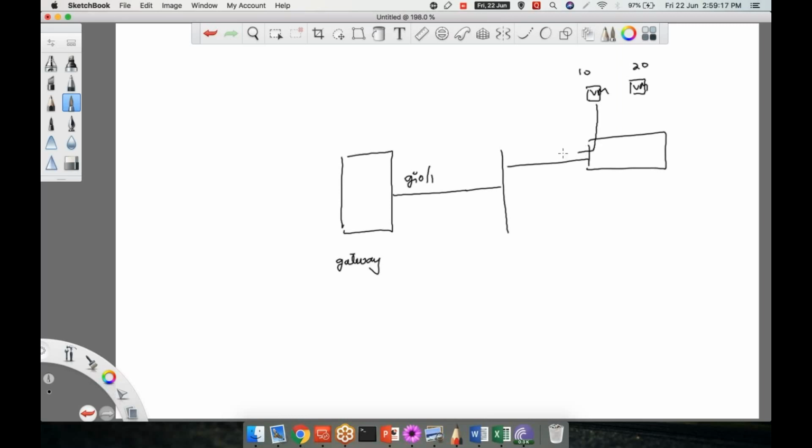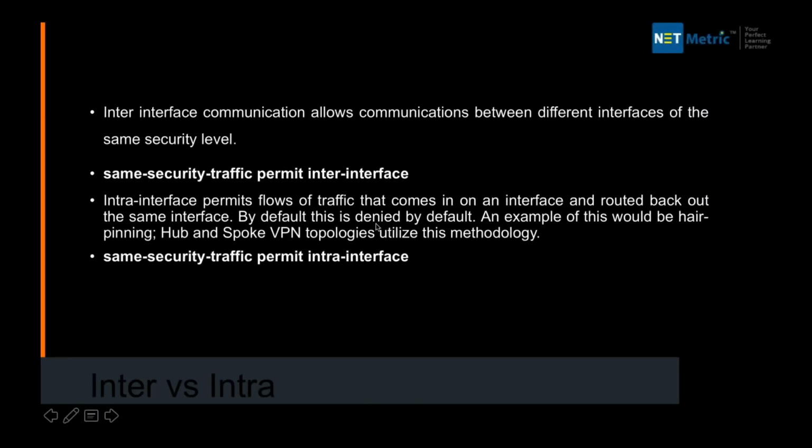Now the traffic comes over here, hits your interface gig 0/1, which is the highest over there, having a security level of what, 100, and the traffic needs to go back on the same interface. At that moment, the traffic will not be allowed unless you give a specific command: same-security-traffic permit intra-interface.